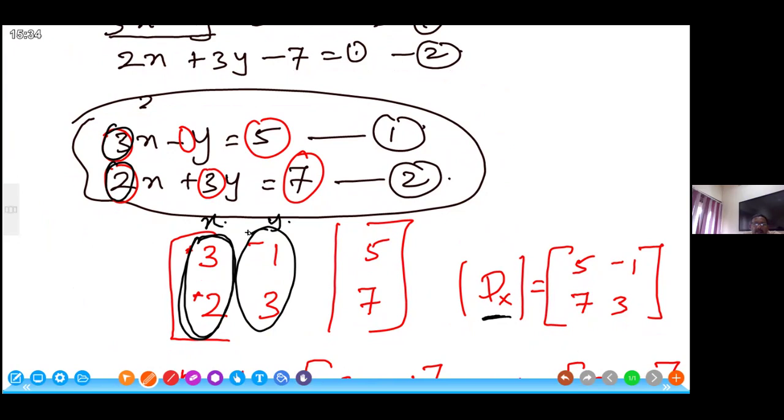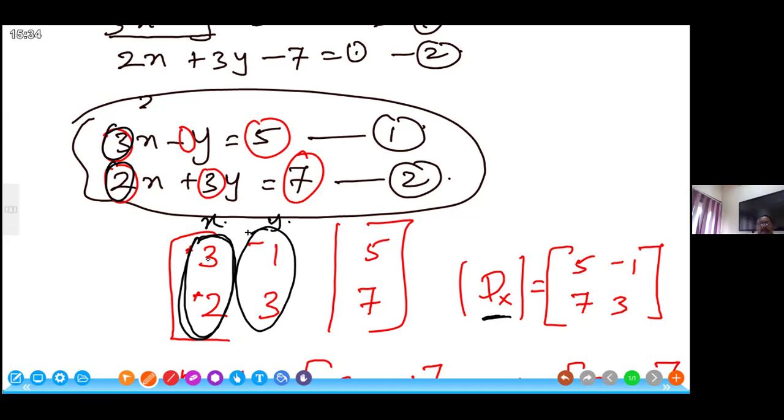Is it clear? So this is based on the coefficients. These matrices have been formed based on the coefficients.